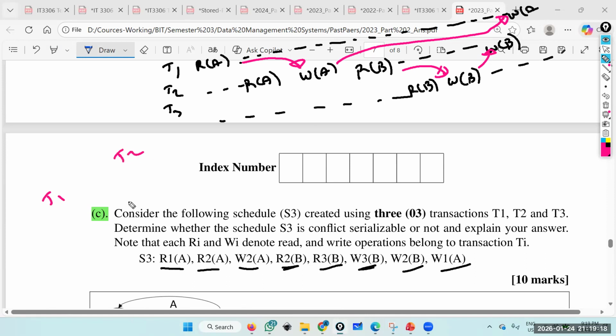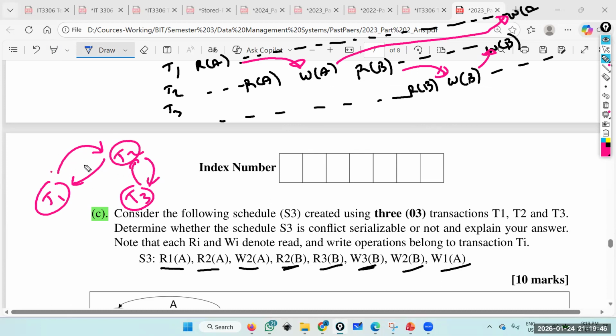T1, T2, T3. T1 to T2, T2 to T1. That means definitely cycles are there. And of course T2 to T3 and T3 to T2. So 2 cycles. And also there's a cycle like this also.